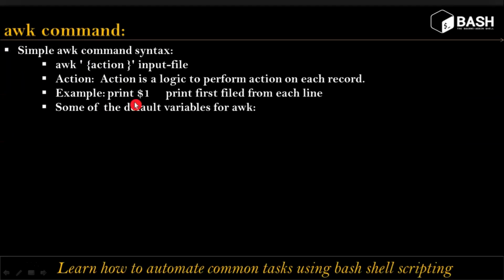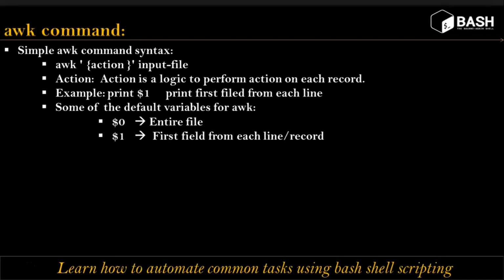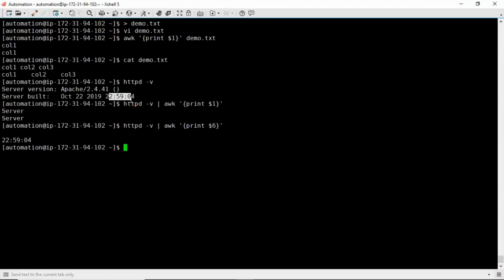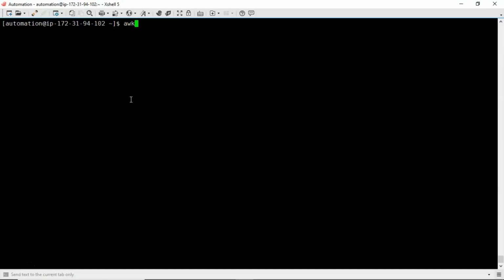Now, you have some default variables with the AWK command. Just now we have seen $1, $6. Likewise, you have $0 to $infinity. Suppose I take $0, see what you are going to get. AWK print $0, and I am providing the input file. I can provide an input file, or I can apply the AWK command on the output by using the pipeline symbol. Let's say demo.txt. See the output.